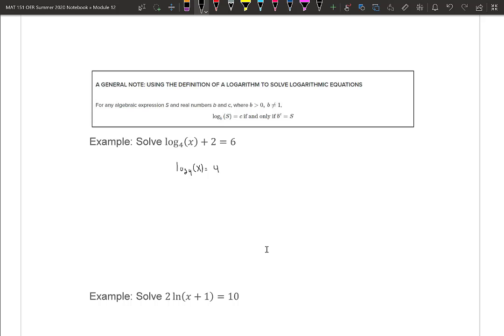Now what you want to do is you want to get rid of that log. The way that you can do that is take that to the power, meaning that you're basically raising both sides with a base of whatever the base of the log was. So if it was log base 4, I'm going to do base 4. If it was log base 2, I'll do base 2. Same thing. Natural log, do base e.